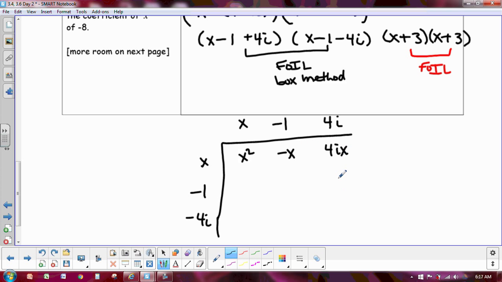If you do it right, your i's should cancel because they were conjugate pairs. Negative x, positive 1, negative 4i. Negative 4ix, positive 4i, negative 16i squared.